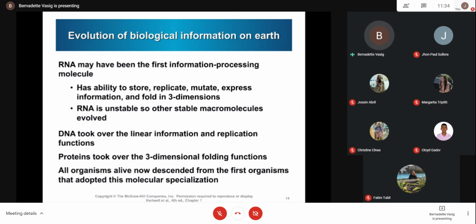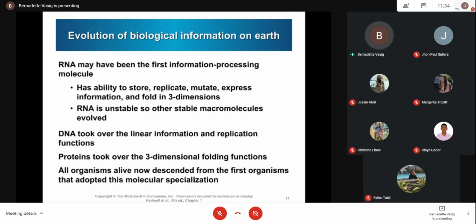This is also one of the reasons why we believe that all organisms came from a common ancestor because of the molecular makeup. We share the same molecular makeup, and some of these molecules assume the same function for all organisms. Example, all organisms undergo protein synthesis in order to produce proteins. Okay?